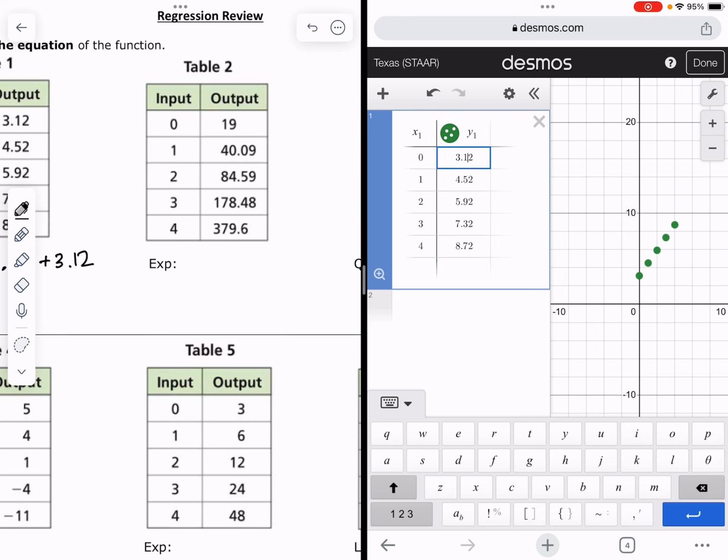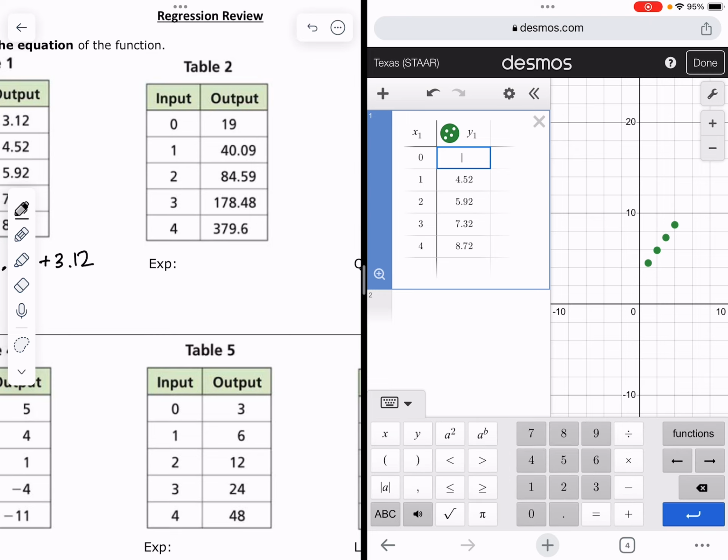Okay, for table 2, it says exponential. So we're going to put in the table again. I'm just going to edit the one I already have. Nobody can help you with this on the actual STAR test, so it's going to be up to you to troubleshoot any issues, to remember how to add the table, to remember these equations, and that's why we're practicing so much.